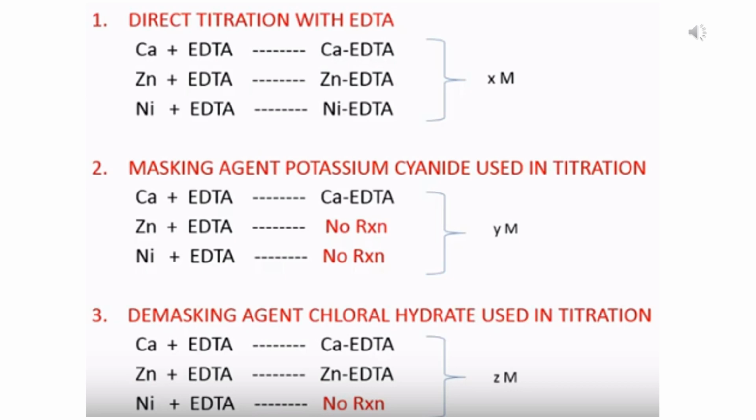Nickel will not react with EDTA and will not form any complex. So two metal ions form complexes, calcium and zinc. Here nickel is masked, and calcium and zinc can react with EDTA. We give this the name Zm.